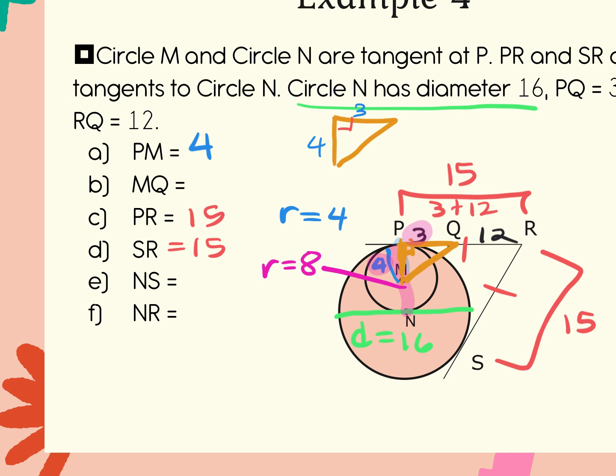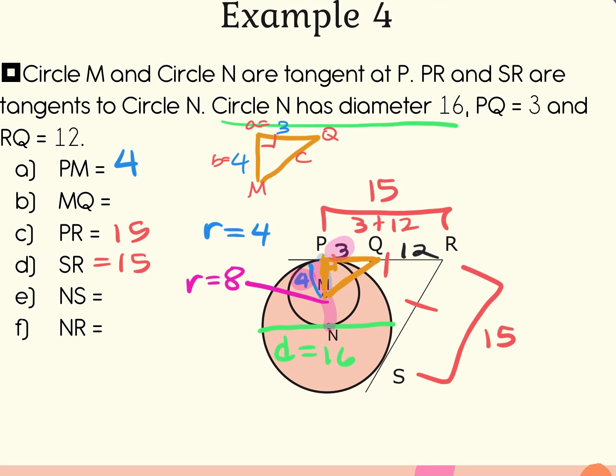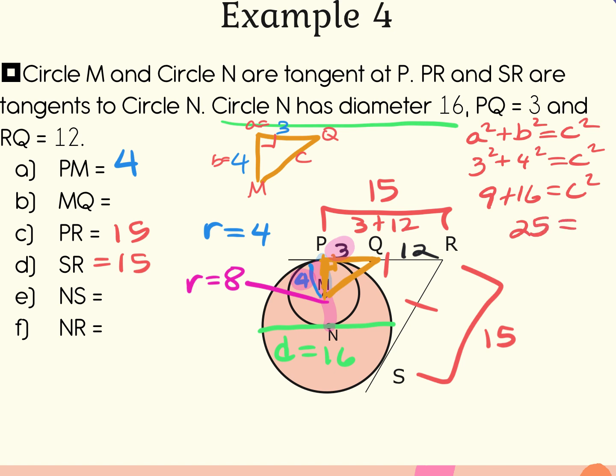If you didn't recognize that this is a 3, 4, 5, then this could be A, this could be B, and we're looking for C, which is MQ. So I can do A squared plus B squared equals C squared. 3 squared plus 4 squared equals C squared. 9 plus 16, 25.